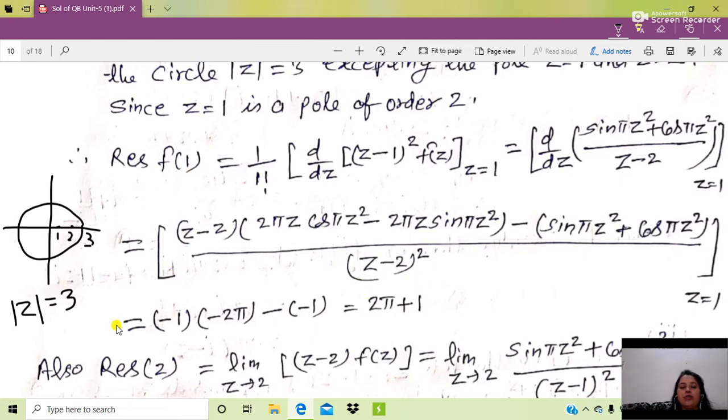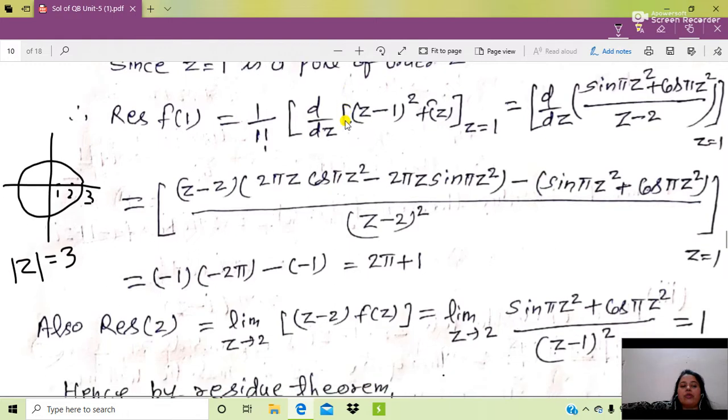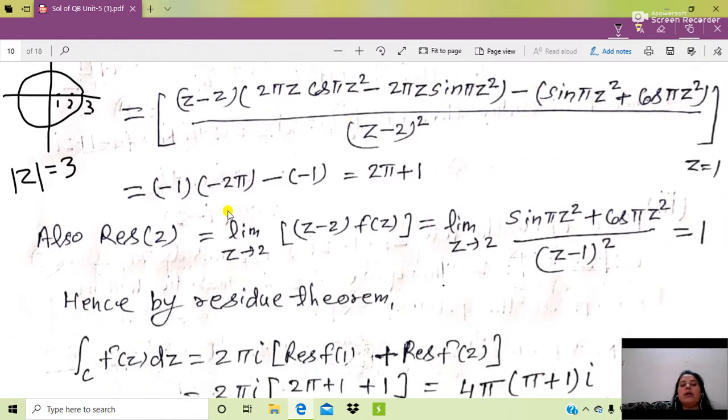Next is the residue of f at 2. Since the point z = 2 is a pole of order 1, which is a simple pole, to calculate the residue we use the formula limit z tends to a of (z − a) f(z).